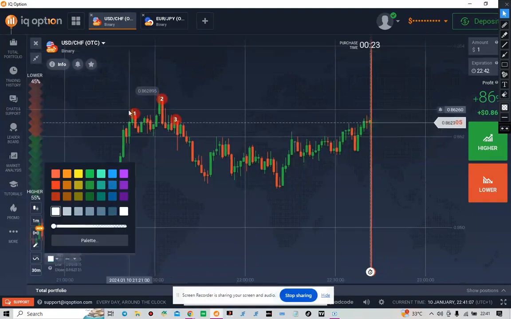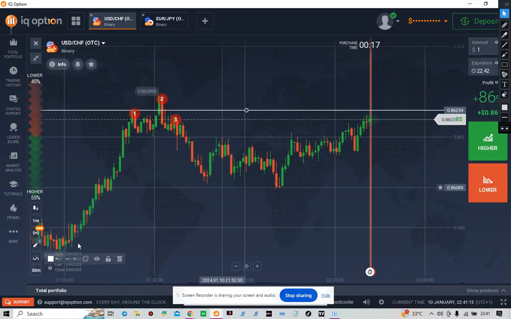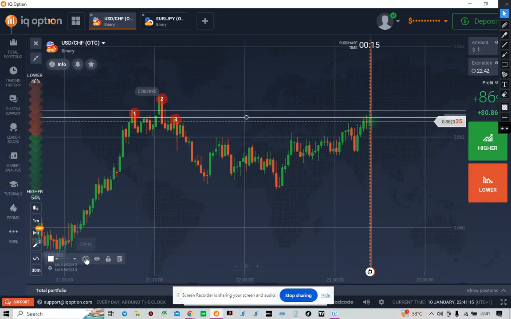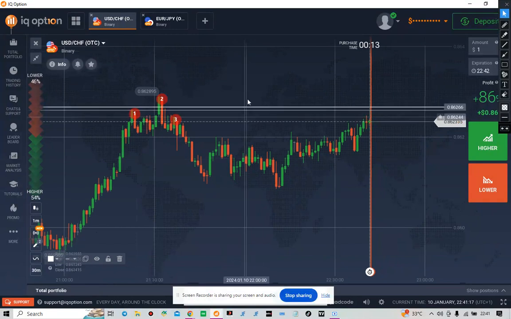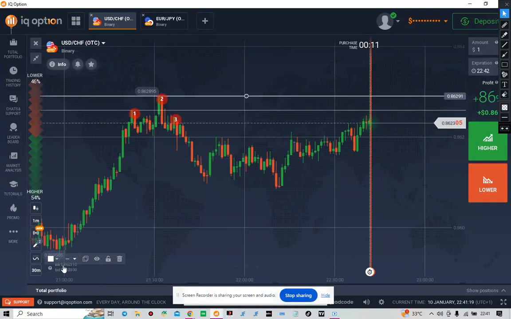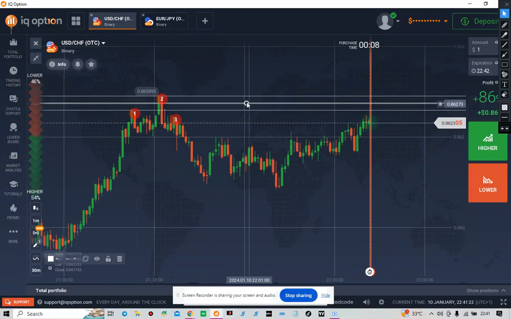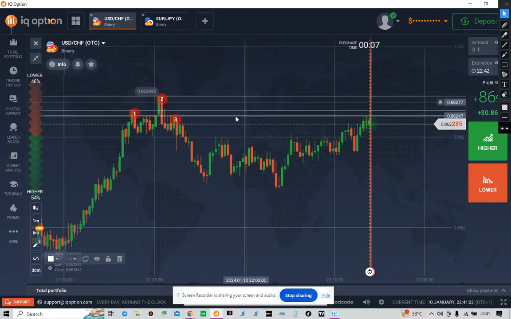I'll change the color to white, draw the first line here, draw the second line here, and draw the third line here.